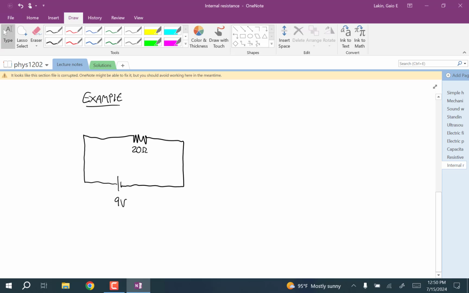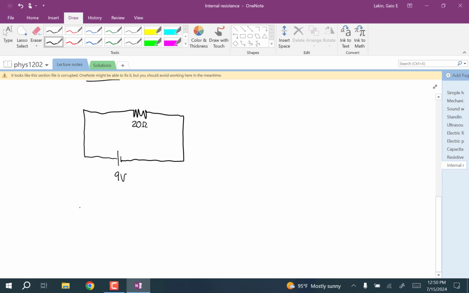Now the voltage of the battery is 9 volts when there's 0 current, but let's say that our internal resistance is 2 ohms times the current, okay? And we want to solve this circuit.